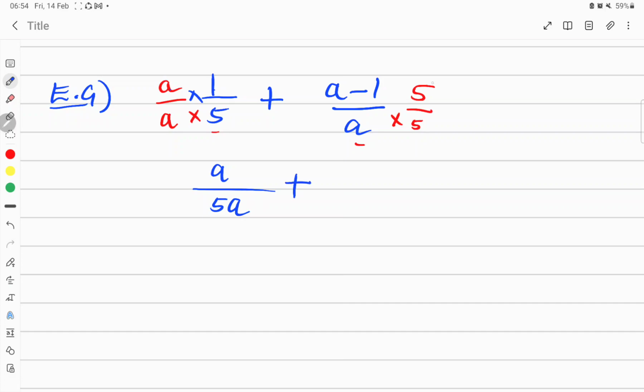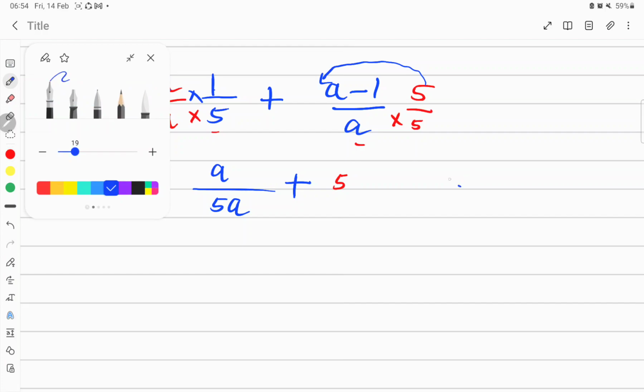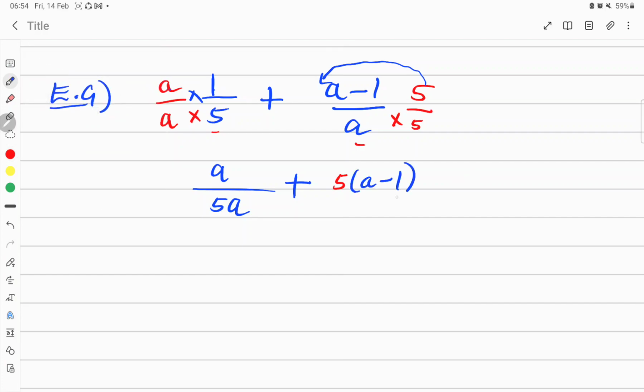Plus, now that number you bring it in front so that you can distribute properly. It's going to be 5 into a minus 1. You must put it in the brackets. Over a times 5 is 5a. Then remember, you keep the same denominator.